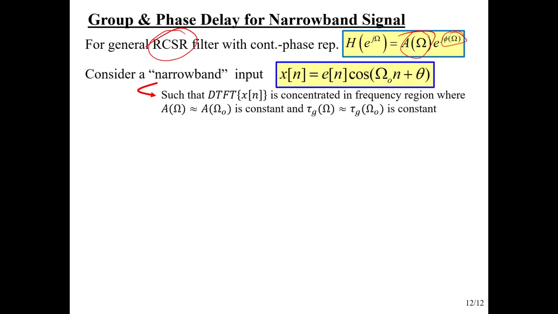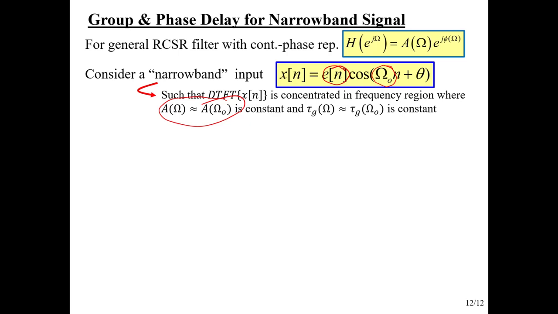If we put in this envelope with carrier, just like we talked about before, and we choose it such that its spectrum, moved up to be centered at omega 0, will lie nicely inside the region where the amplitude response is approximately constant.